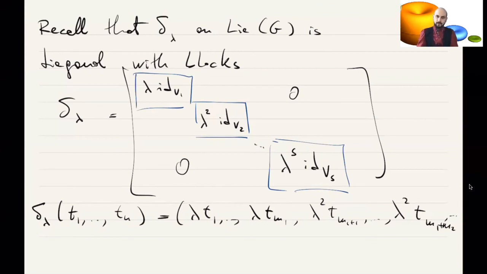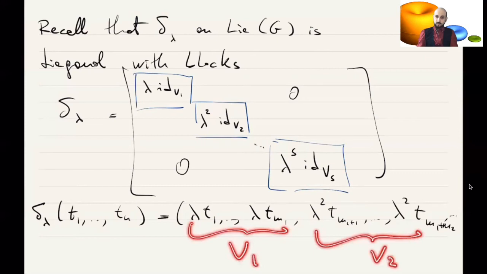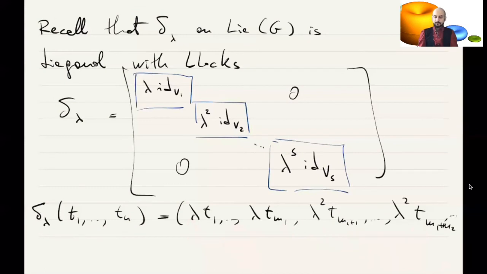Now let's see. Okay, so these are the elements that form V1. These are the elements that form V2. Now you see, if I take an element of the basis, say the jth element of the basis, this will be in some Vk. Okay, so let's give a name to this k.